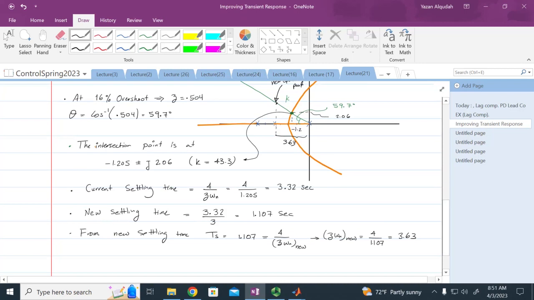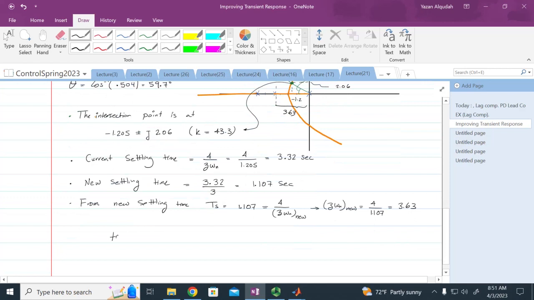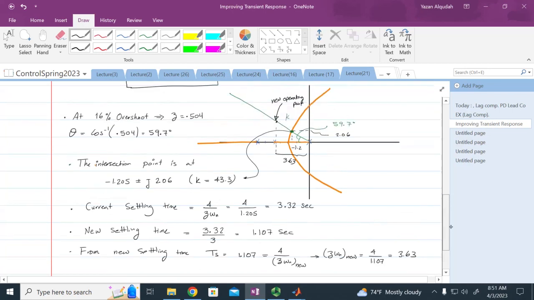Along that line, yes, so I can take the tangent of 59.7, which is equal to the new y divided by the 3.63, which gives me the new y equal to 6.19.